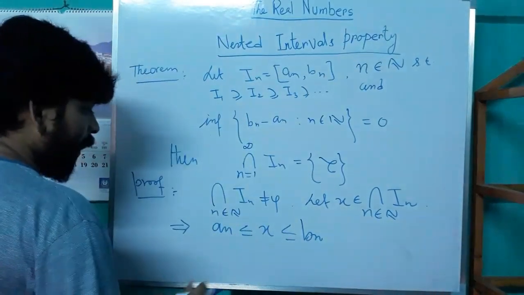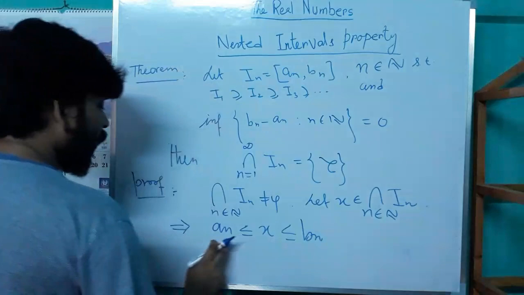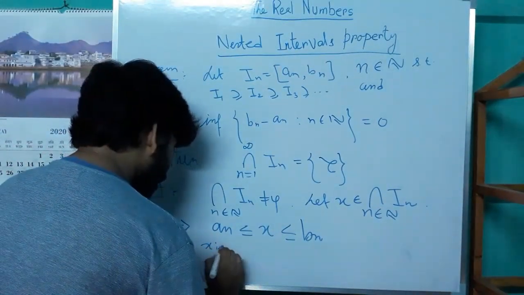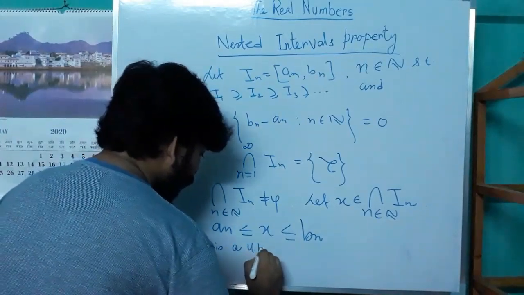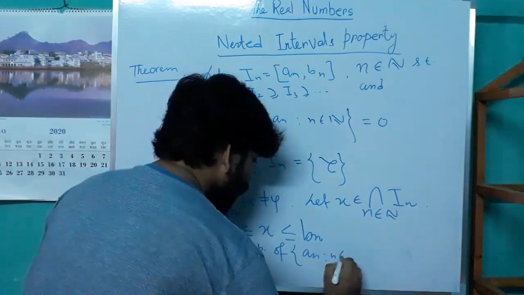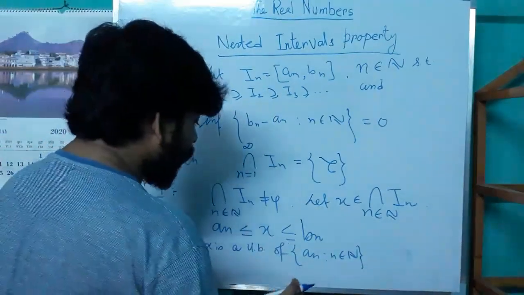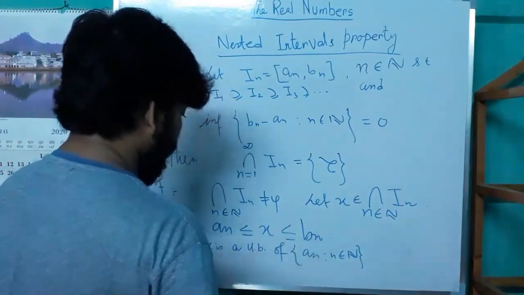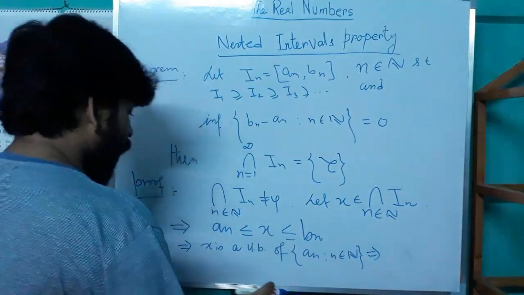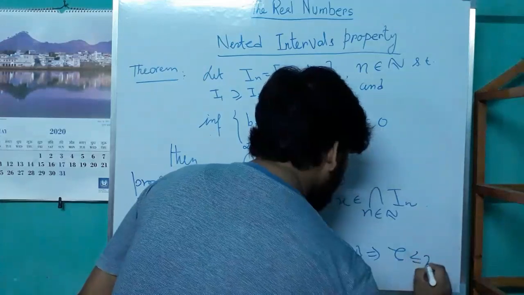Thus x is an upper bound of the set an. But in our previous result we have seen that zeta is the supremum of the set an. So zeta is the supremum and x is an upper bound, so zeta less or equal to x.